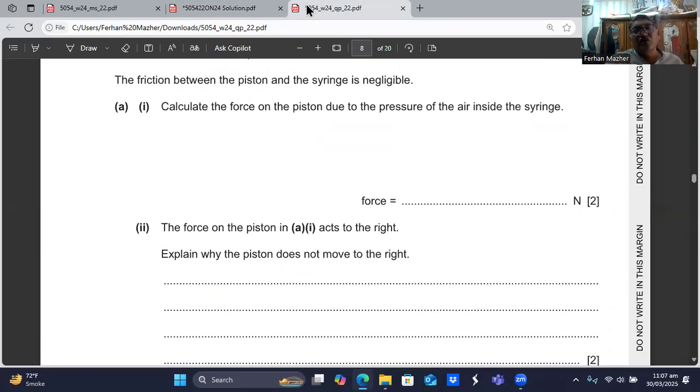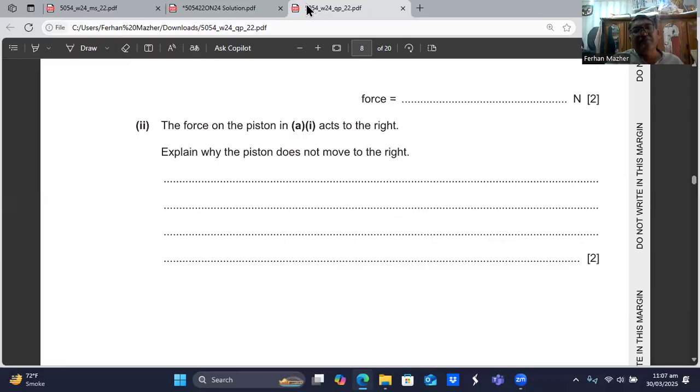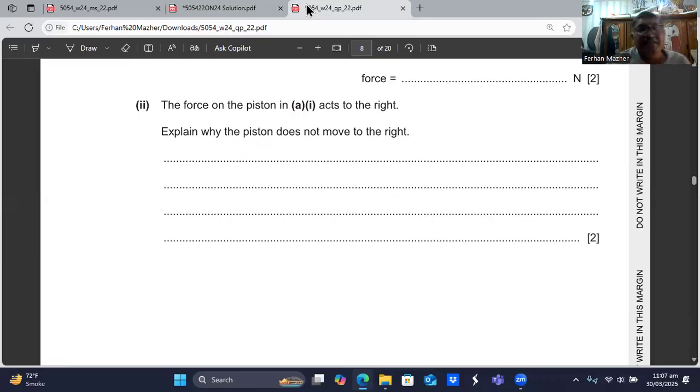Okay, so the second part: the force on the piston in the first part acts to the right. Explain why the piston does not move to the right. You have said that the inside pressure is equal to the atmospheric pressure. Outside, the atmospheric pressure is also being exerted.